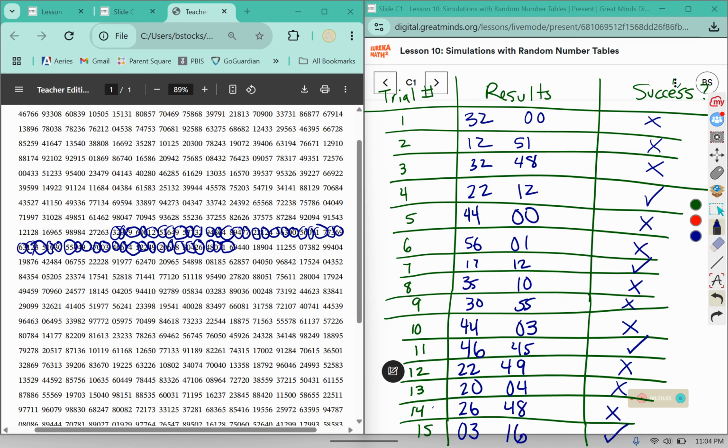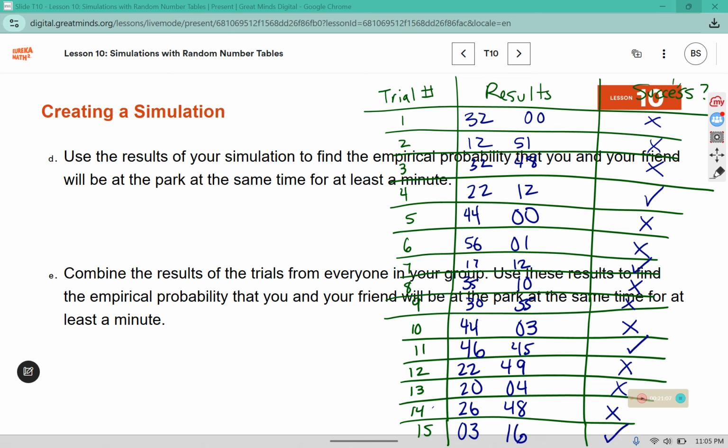You can continue going with more and more data to get better and better results, but I'm going to stop here for the sake of time. It says use the results of your simulation to find the empirical probability that you and your friend will be at the park same time for at least a minute.